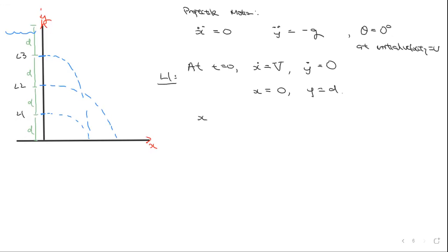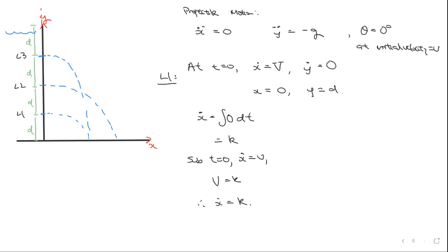In an exam, if they ask, we would show full working. So x dot would equal the integral of x double dot, which is 0, with respect to t, which is just a constant, k. We will then need to determine what this constant was. Sub t equals 0, x dot equals V, so V equals k, and therefore x dot equals k.